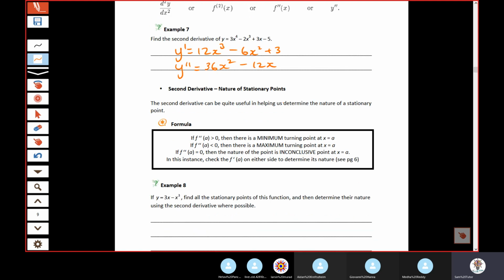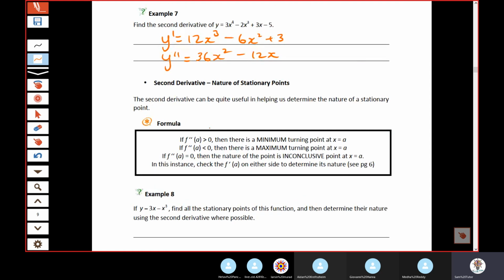Now there's a way to do minimums and maximums without the y dash table. It's called the y double dash method or technique. And here it is. The second derivative can be quite useful in helping us determine the nature of a stationary point as well. If we know that y double dash is greater than 0, it is a minimum.